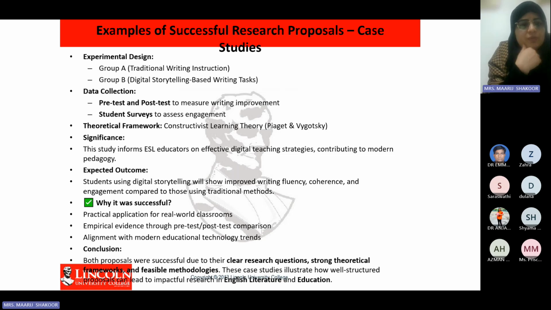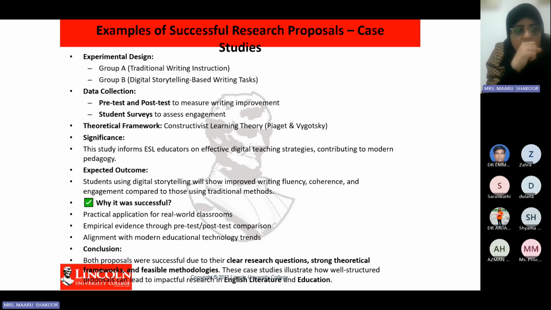Yes. Theoretical framework, constructivist learning theory. Yes, Piaget and Vygotsky, both of these are theories, and they presented their psychological theory regarding how digital learning is going to affect this. Okay.